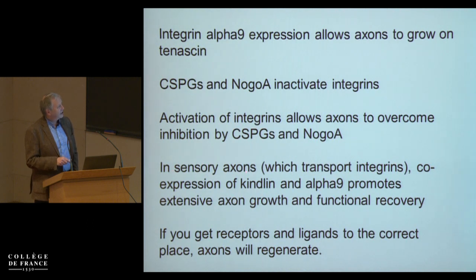And therefore, in sensory axons, which transport integrins. Now, this is, you will see as we come on, a crucial three words: which transport integrins. Co-expression of kindlin and alpha-9 promotes extensive axon growth and functional recovery. And so the conclusion is if you get receptors and ligands to the correct place, axons will regenerate. This is what I said at the beginning of the presentation.